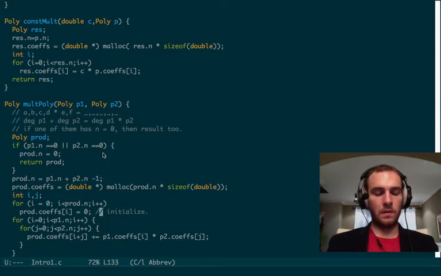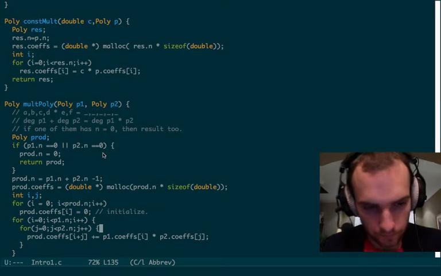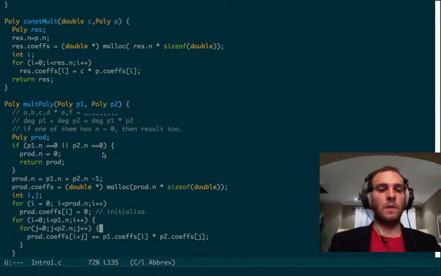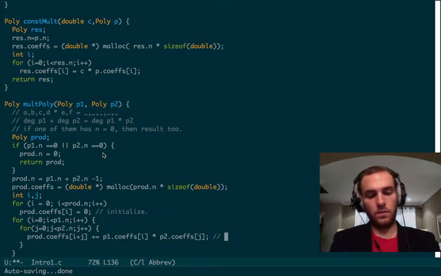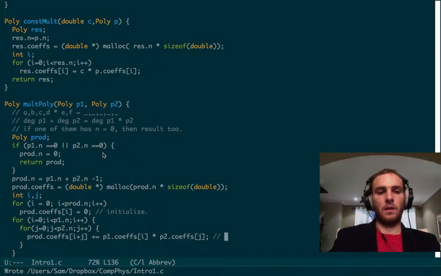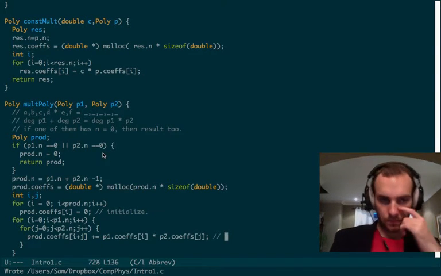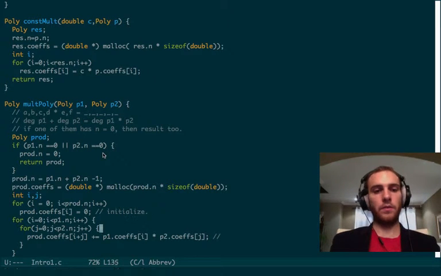Maybe, I don't know if this is appropriate at this time to mention this, but if you had to compute this in parallel, it would be better to loop over the results and have basically one worker assigned to each result, or maybe to multiple results, but the point is that no two workers would try to write at the same place.